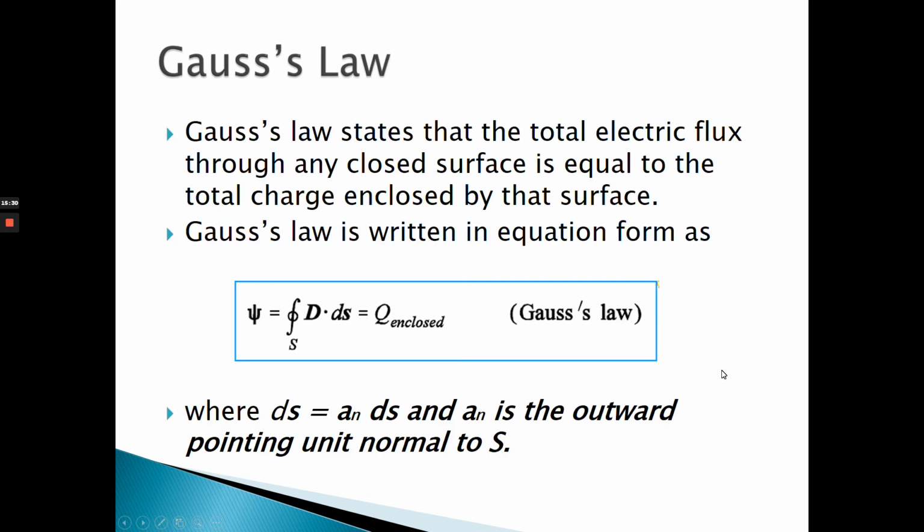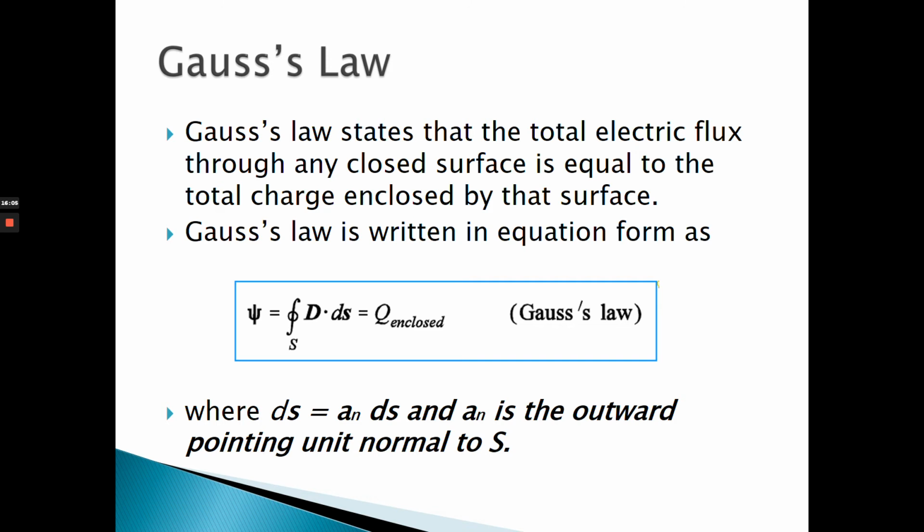Now we move on to Gauss law. We already know Faraday's law, and now we go to Gauss law. Gauss law said that if there is an enclosed surface, we will discuss later what an enclosed surface is, then the total flux is equal to the total Q, which is kind of a repetition.